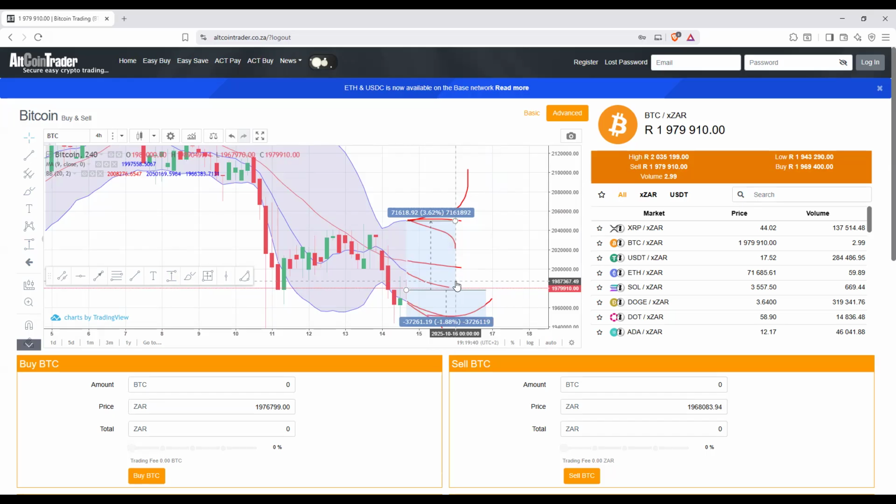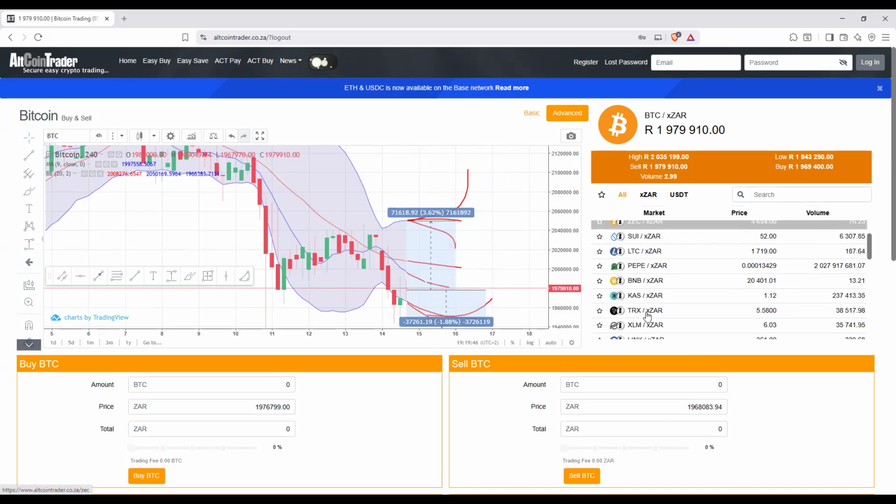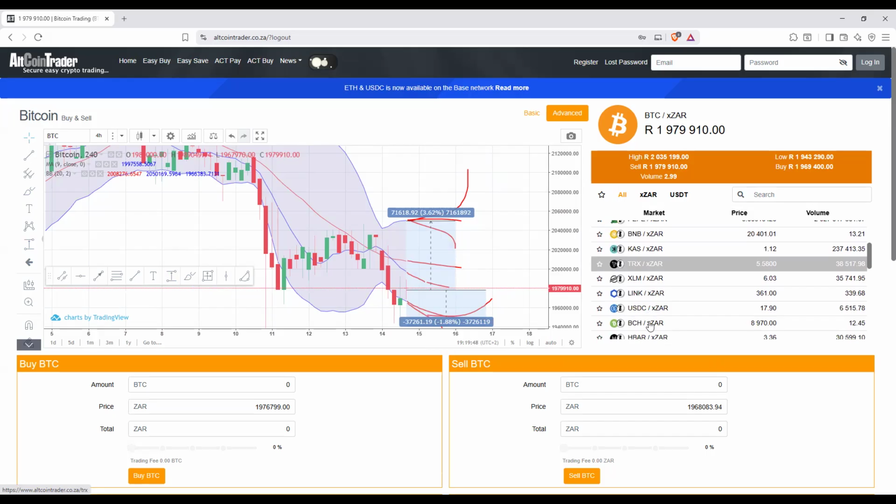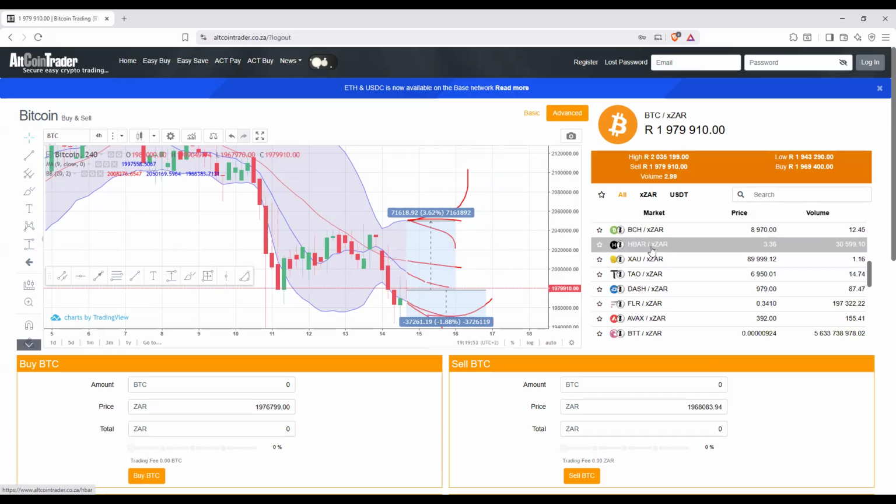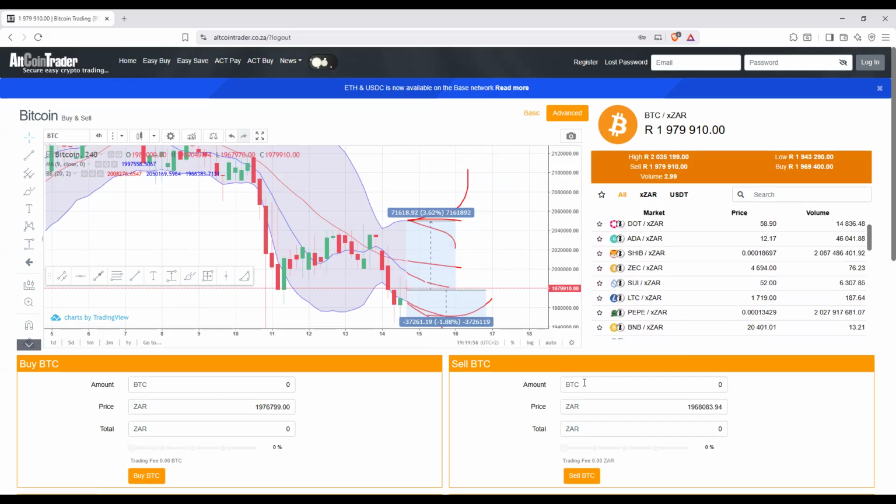Another trader would go and trade one of these fast moving coins like Hedera, Helix, Dogecoin, where they can make 3 to 5% per day on their money.